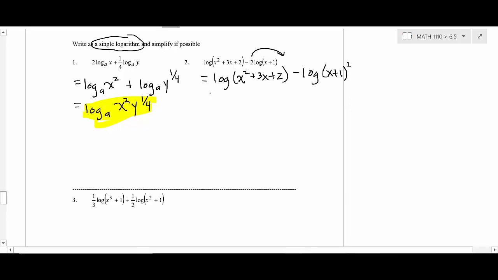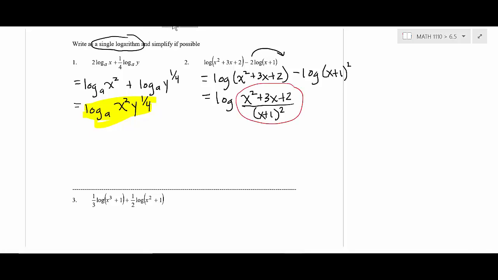Okay, so it goes like this. You would have log of x squared plus 3x plus 2 all over x plus 1 to the second, like that. Now we're going to go ahead and simplify this. So I think this thing will factor. I'm just going to write this as log of, and then that will factor as x plus 1 times x plus 2.